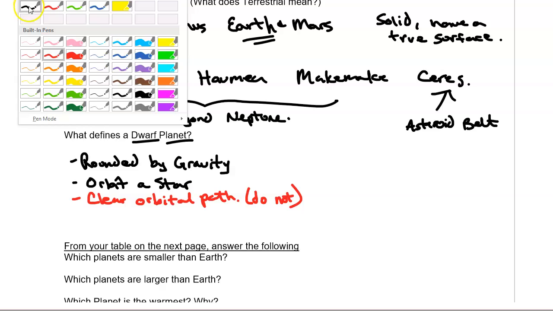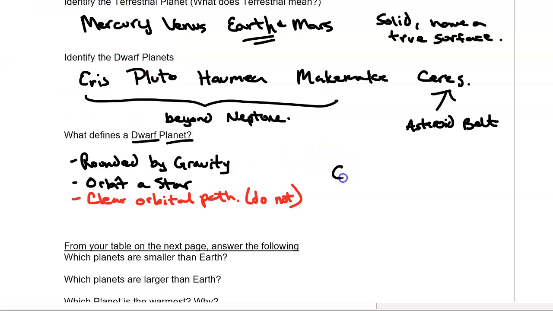So as a dwarf planet is moving around, there could be other things in and around, and they're not big enough that as they move through, these things all get cleared from the path. Thus, things like the asteroid belt or other dwarf planets.